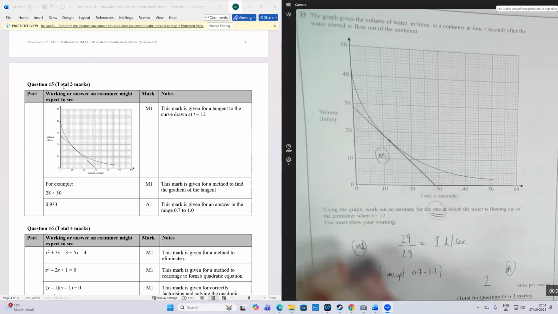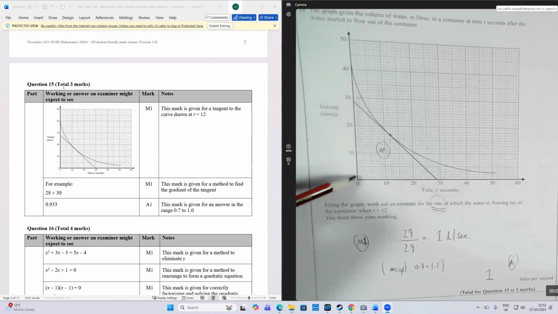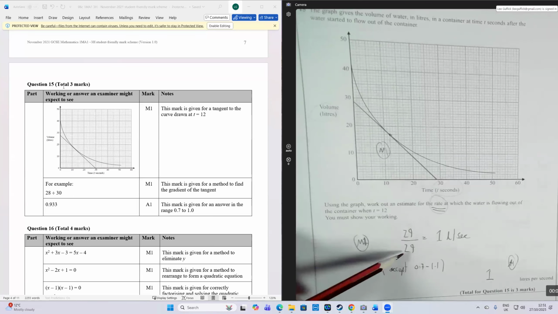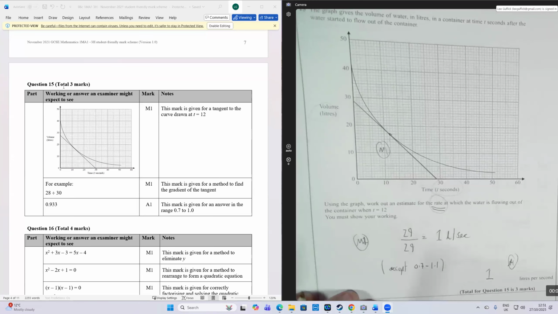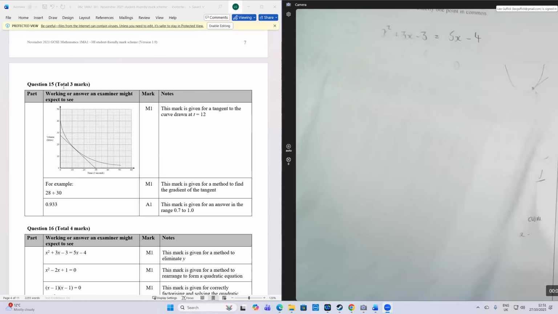We draw a tangent and we just work out the gradient, rise over run, so y over x. So the y is 29, the x is 29, so I've got that the water is flowing out at a rate of 1 litre per second. I think they'll accept answers in the range from 0.7 to 1.1, I think it said in the official mark scheme. All right, that question is done.